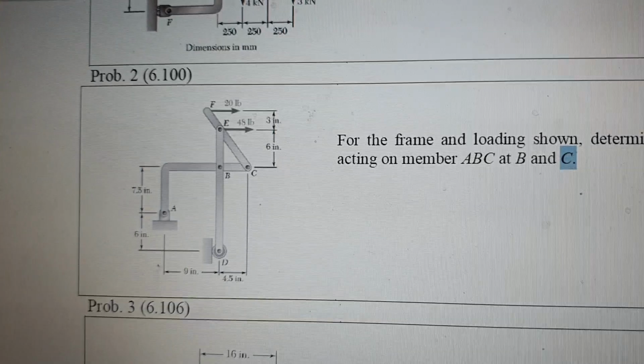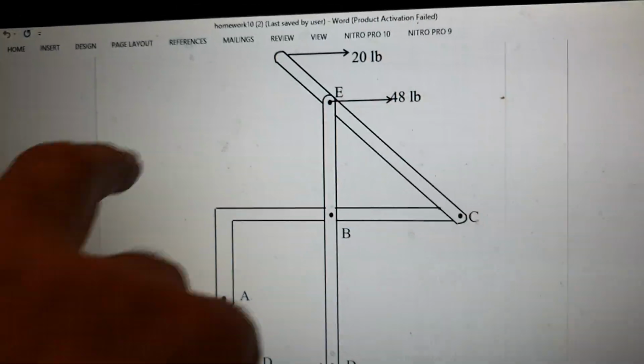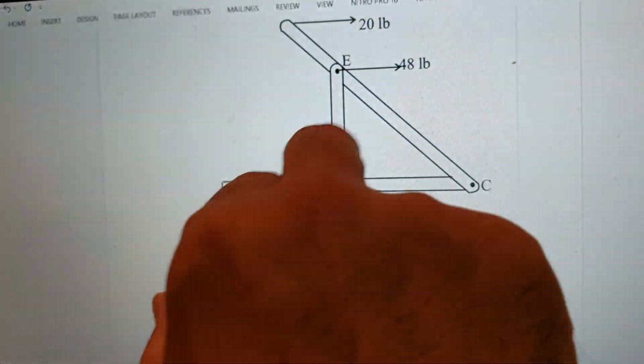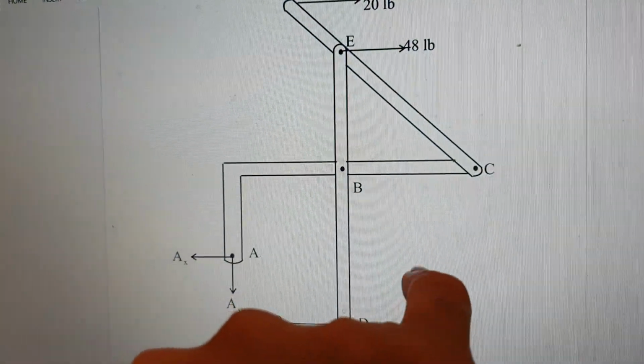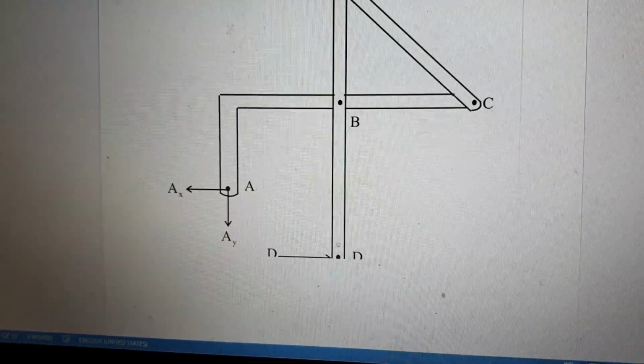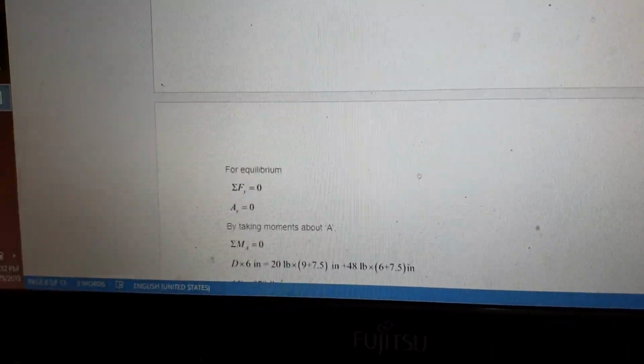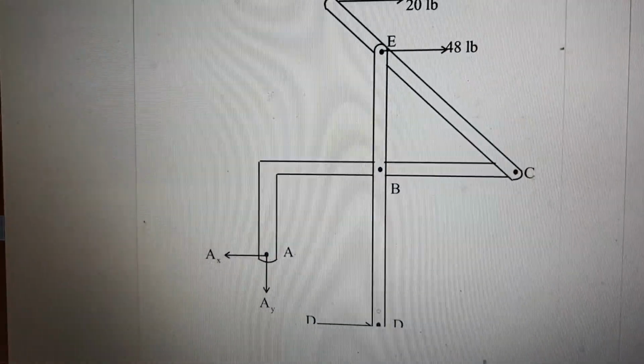So now, let's first of all find the reactions. You could do it like this: one force here, and one force there. We have two reactions here, and there's one reaction there. Okay, so let's find out how many forces are in the y-axis here.